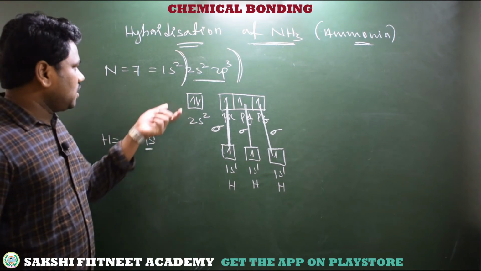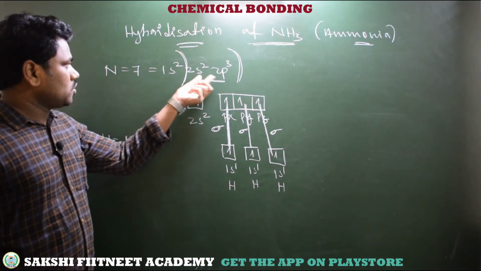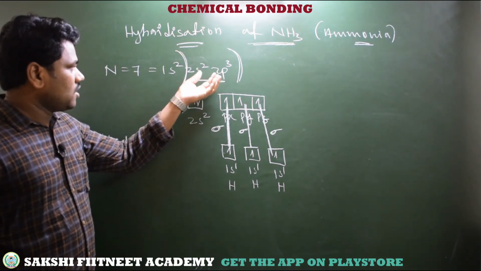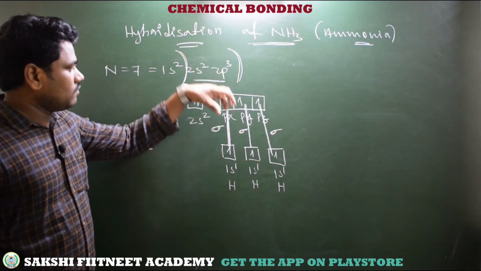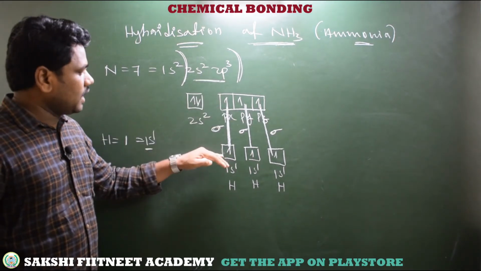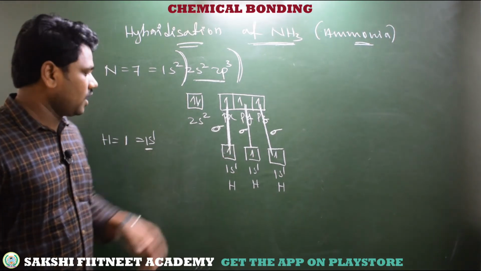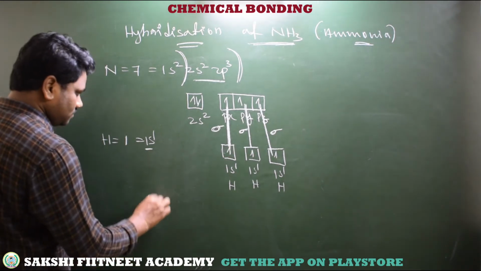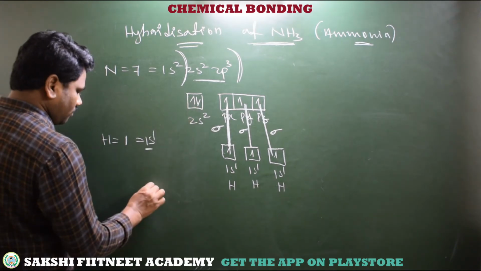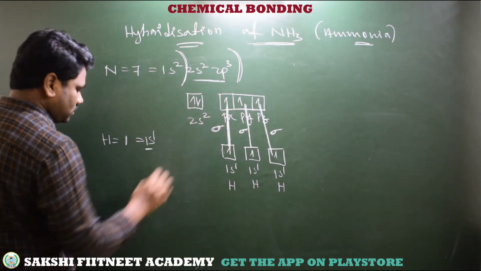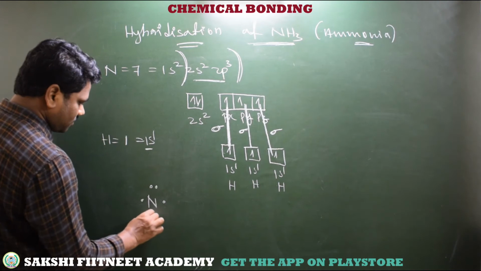Now see here, nitrogen shows 5 valence electrons. After involving in overlapping, it gets another 3 electrons. Now see nitrogen has a lone pair, and we have 3 unpaired electrons. I'm just representing it here.